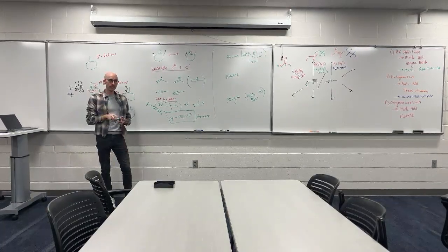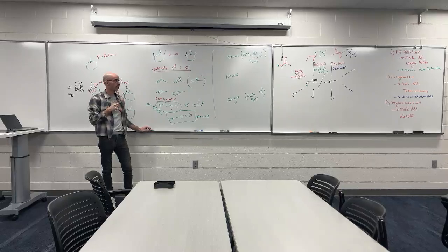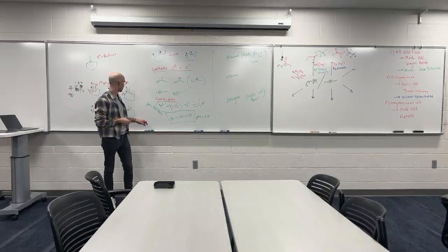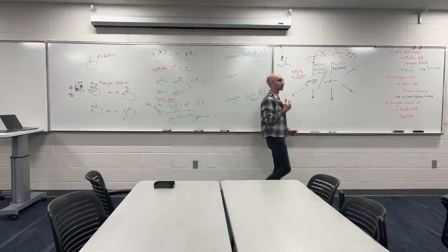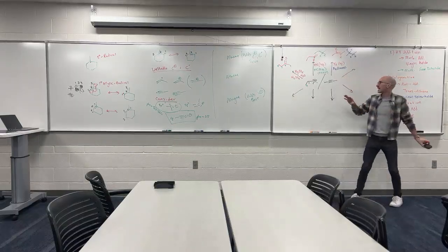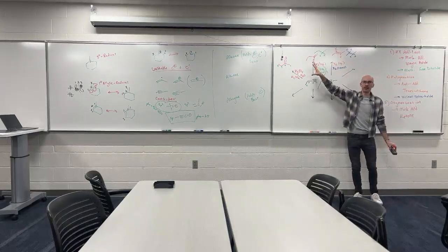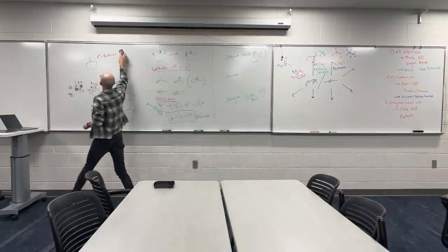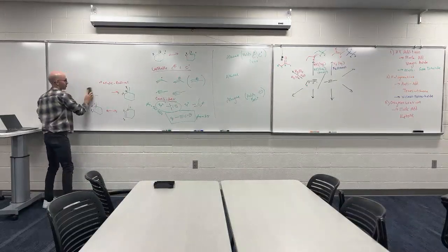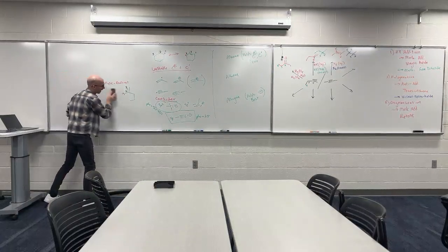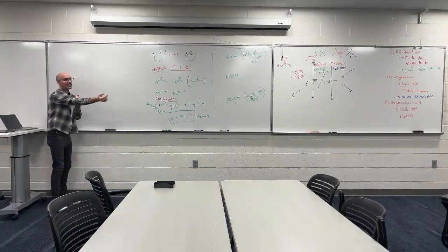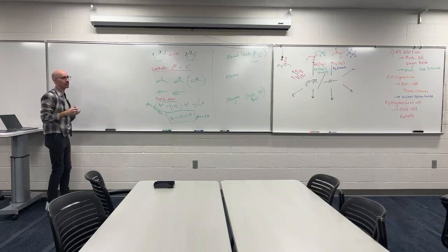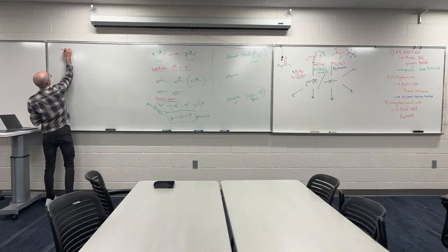Okay, this is not something that I'm going to ask you to be able to repeat, although it is really good insight. That is not the product that forms initially. That actually forms by an acid-catalyzed structural rearrangement called tautomerization.